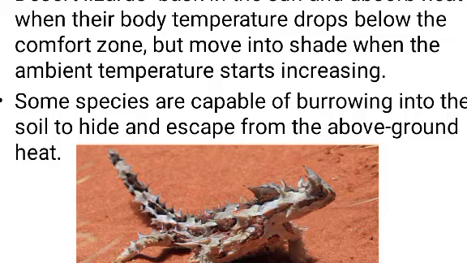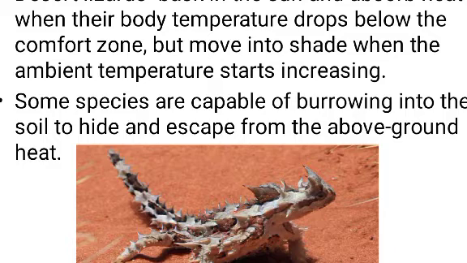What they do is, when the body temperature drops below their comfort zone, below which they find it difficult to survive, they bask in the sun. Basking means they go and lie in the sun so that their body absorbs the heat. And when the body temperature starts increasing and they get enough body temperature, they move to the shade.